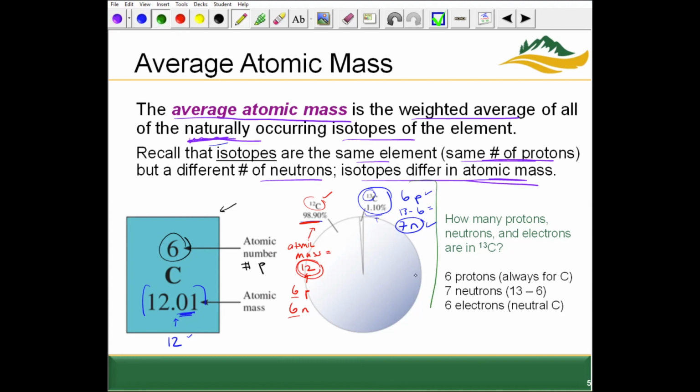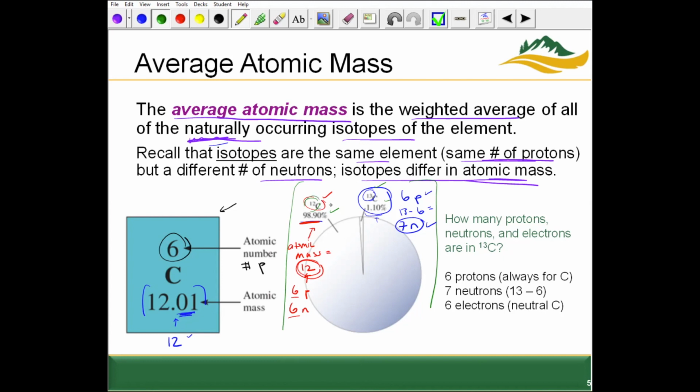So with these two isotopes that can exist naturally for carbon, that's where we end up using this weighted average. About 99% weighs 12 atomic mass units, while about 1% of all carbon that's naturally occurring weighs 13 atomic mass units.